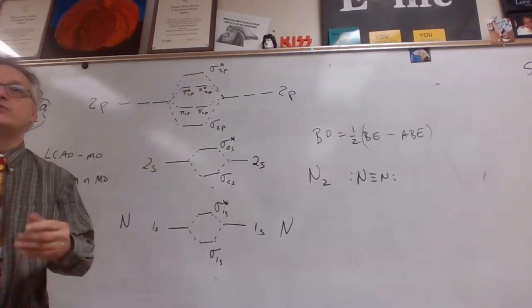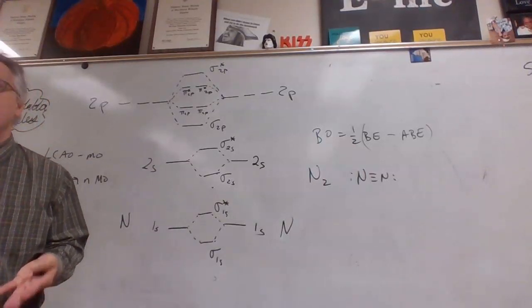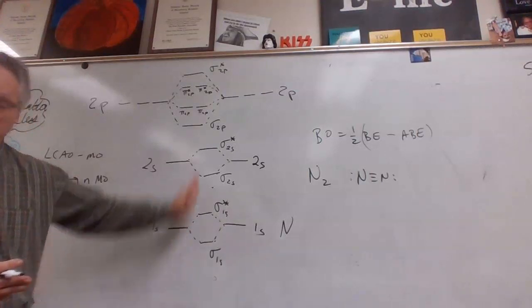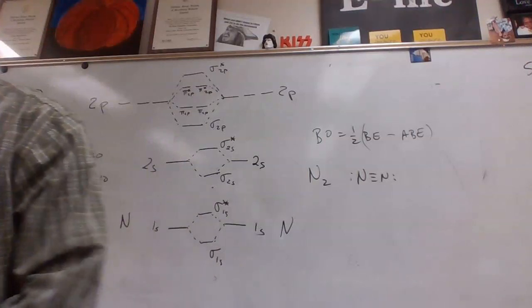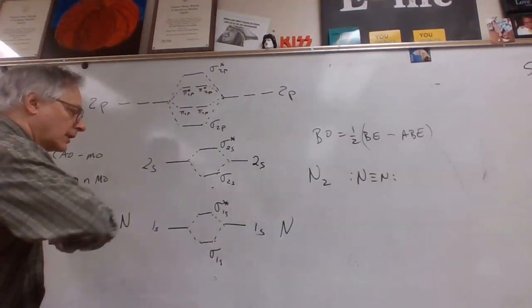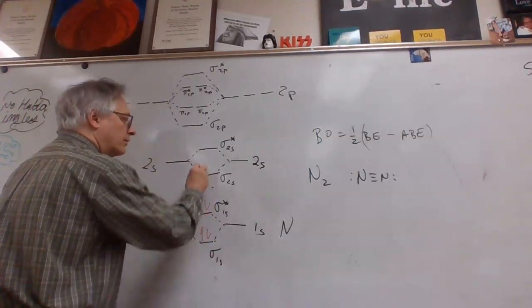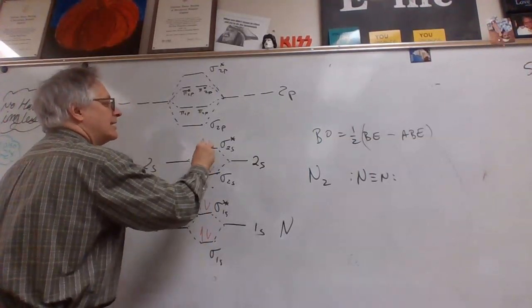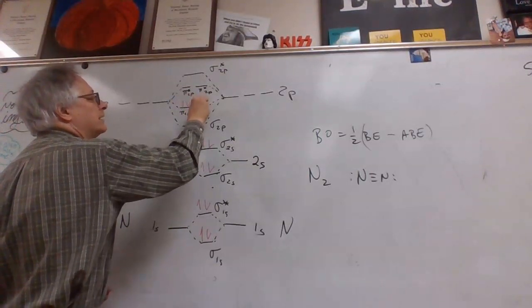So we take those 7 electrons, a grand total of 14 electrons, and fill my orbitals, just like in the old days when we were doing 1s2, 2s2. So I'll use a different color. 1, 2, 3, 4, 5, 6, 7, 8, 9, 10, 11, 12, 13, 14.